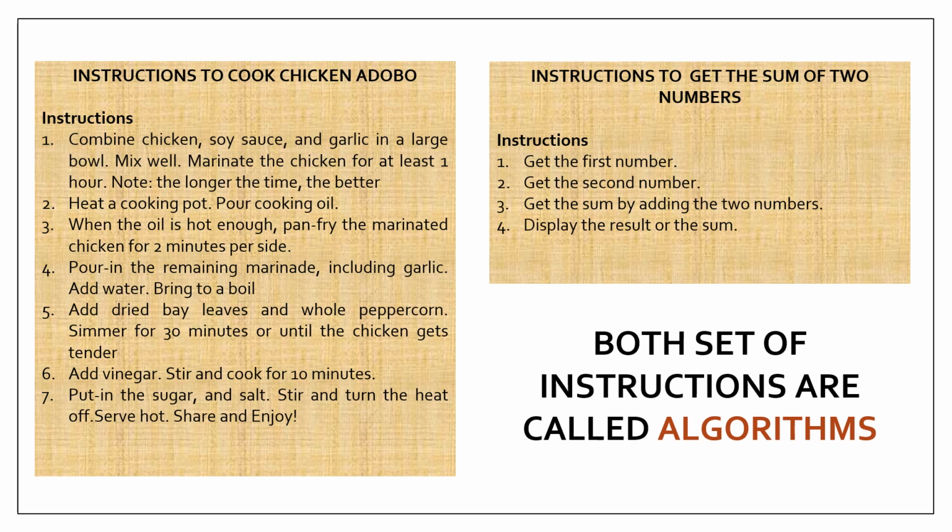Both of these figures contain instructions, and because they contain instructions, it's expected that we are trying to perform some task. In other words, these instructions form what we call an algorithm. Both sets of instructions are basically called an algorithm.